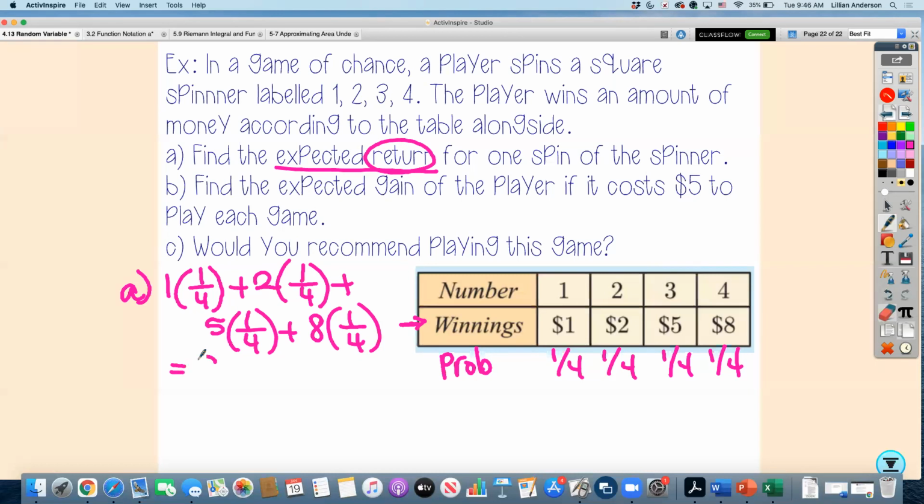Four. So our expected return, if we play this game, is $4.